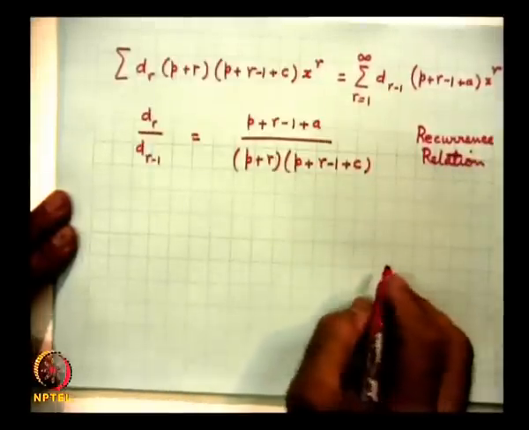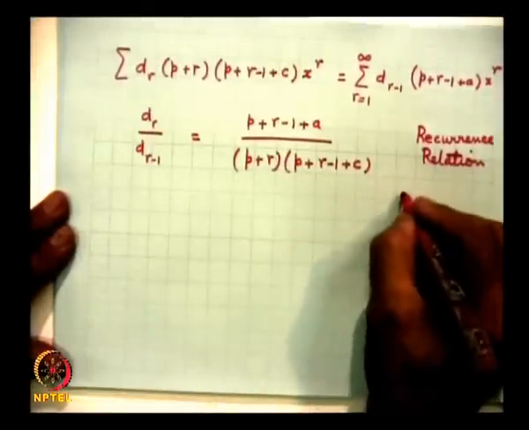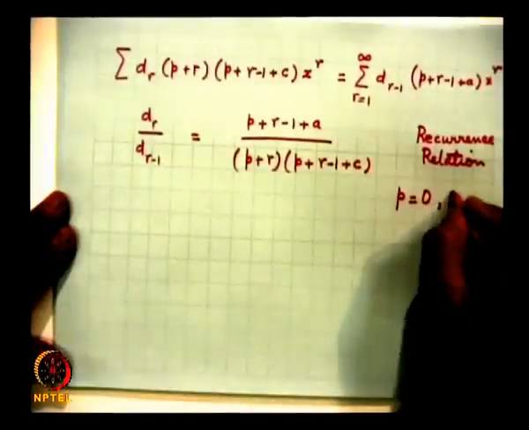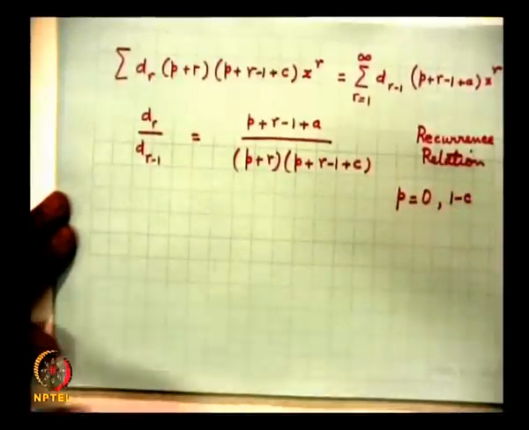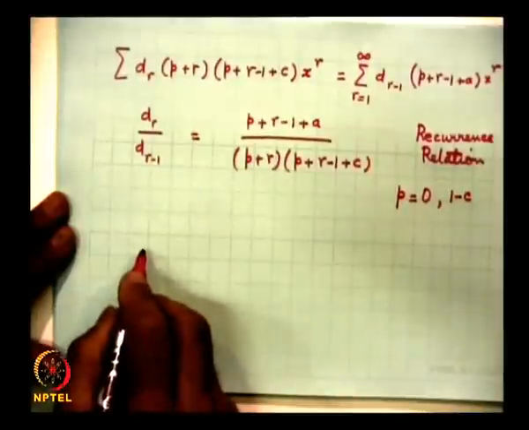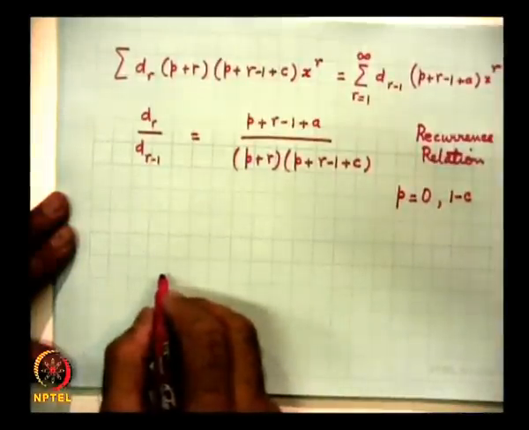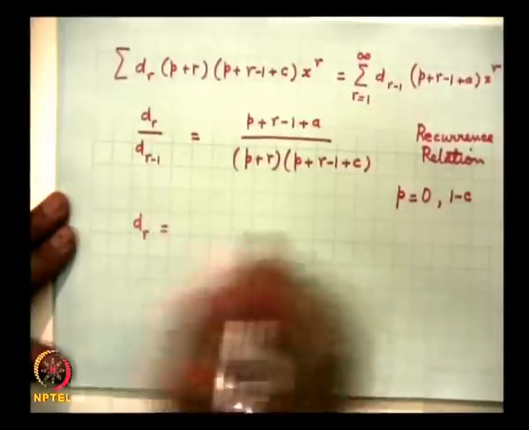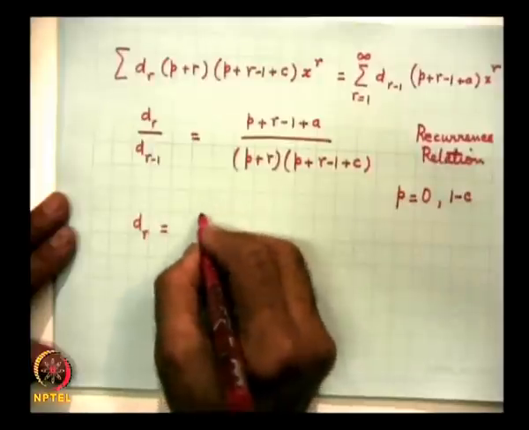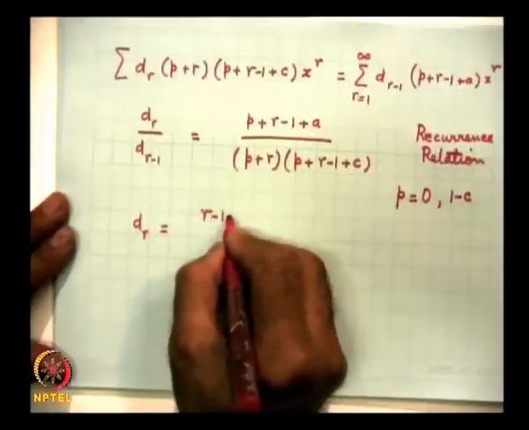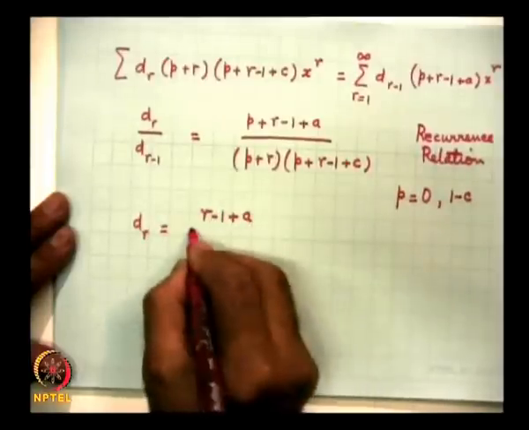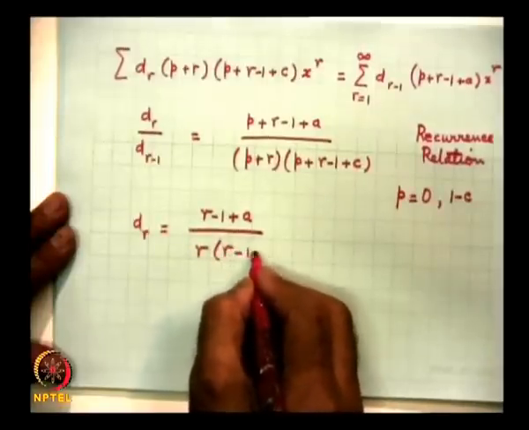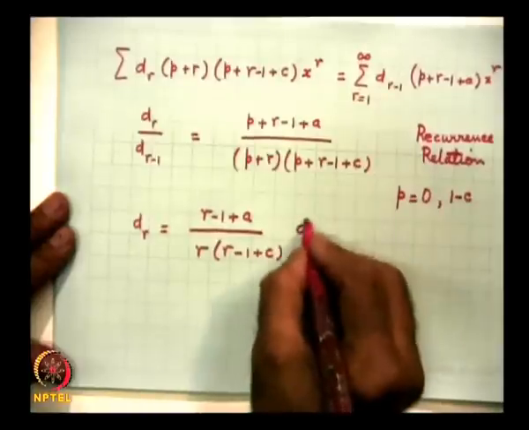And initially I had written down that the roots of the indicial equation are p can be either 0 or 1 minus c. Let me take the first value p equal to 0. So, we will have d_r, with p equal to 0, equal to (r minus 1 plus a) divided by r into (r minus 1 plus c) d_(r minus 1).